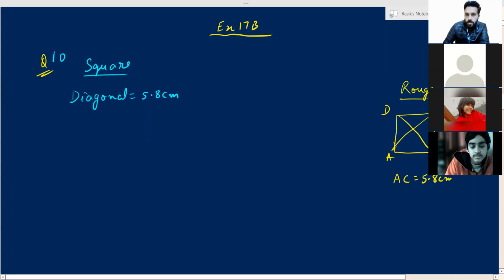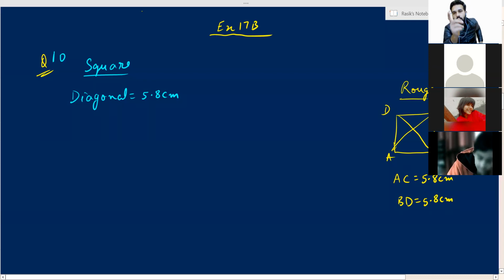All sides are equal. All angles are 90 degrees. Any other property of diagonals? Each of the diagonals bisect at 90 degrees and the length of the diagonals are equal.